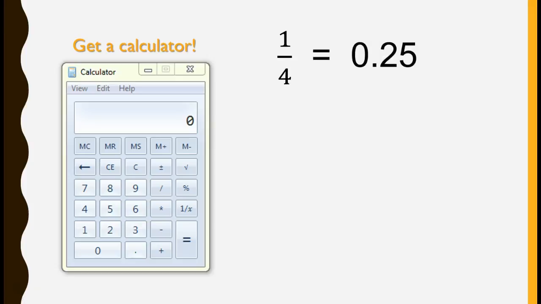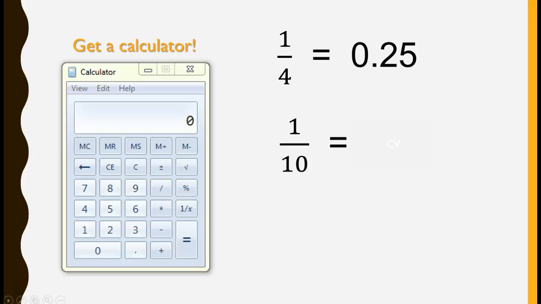I see 0.25. It turned into a decimal by division. So remember, fractions are simply a division statement. 1 divided by 4. And when you actually do that, it transforms right before your eyes into a decimal.